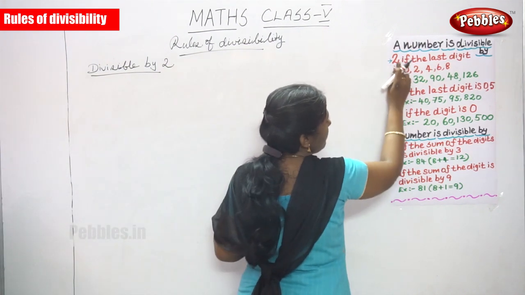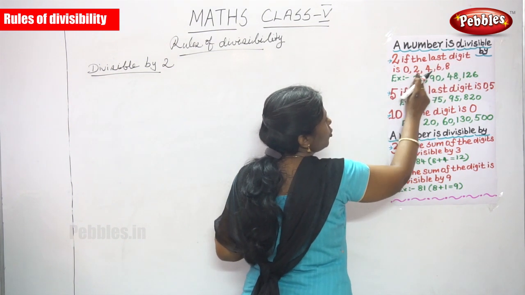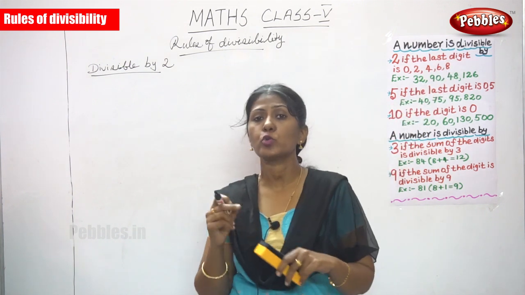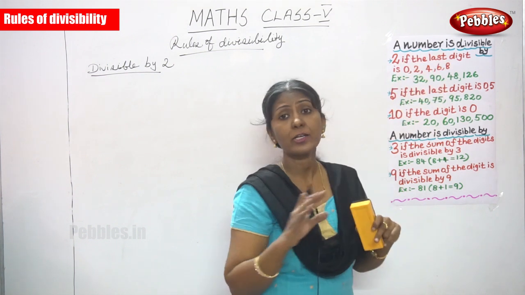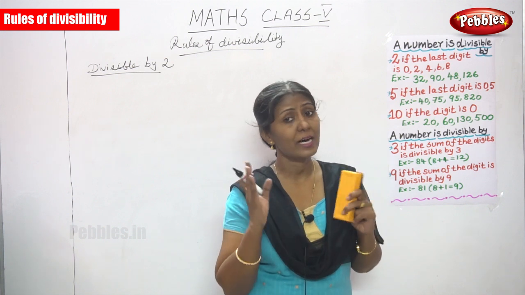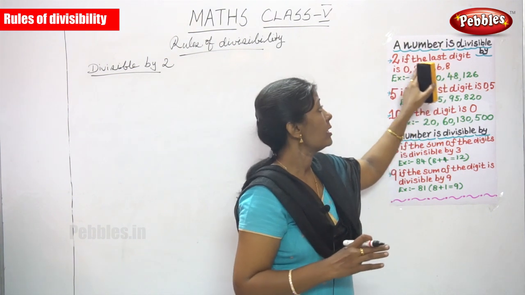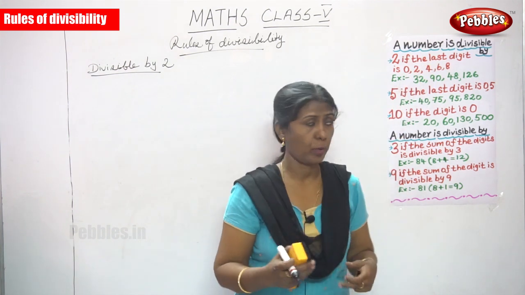We are going to divide by 2 if the last digit is 0, 2, 4, 6, 8. That means the last digit ends with 0, 2, 4, 6, 8. In this divisibility, we are not using any multiplication table or division table. We are using only the rules. So you have to thoroughly read the rules properly.